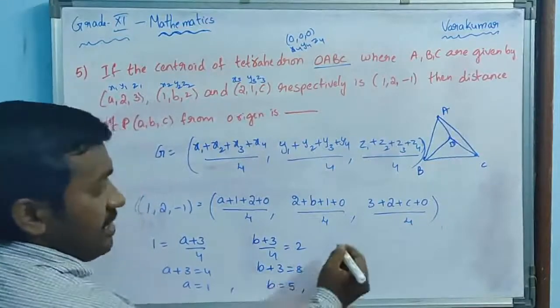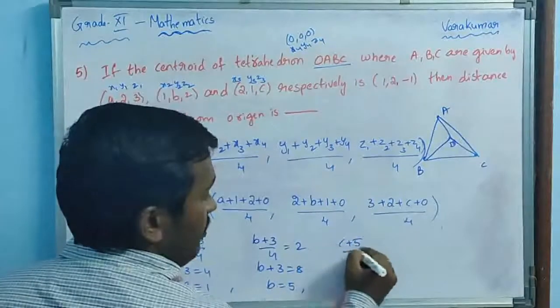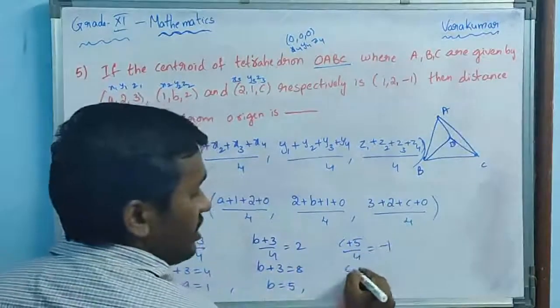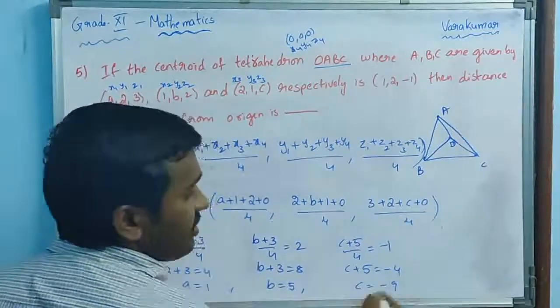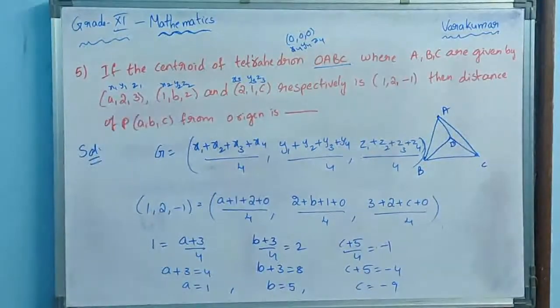Now (c + 5)/4 = -1, c + 5 = -4 and c = -9. So we got the point (1, 5, -9).